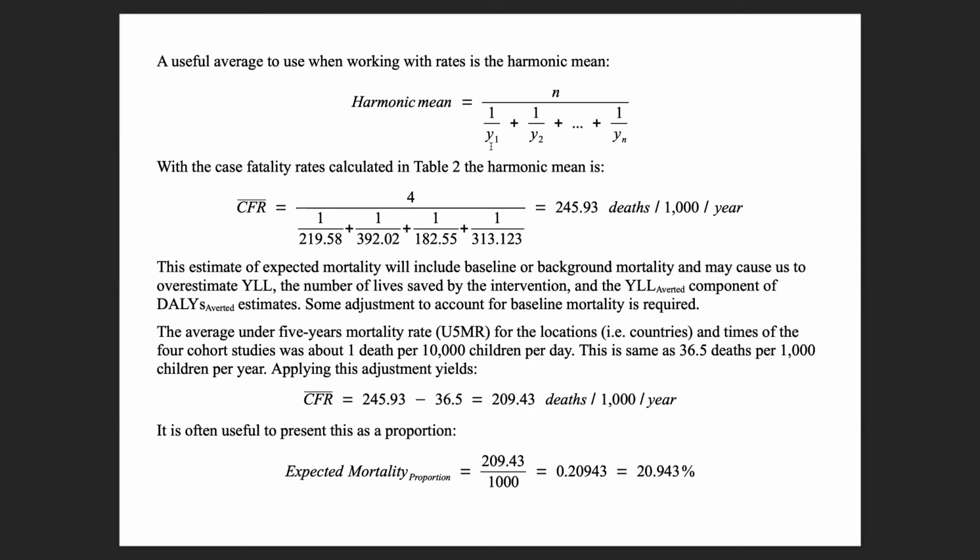And so if we apply this adjustment, our 245.93 deaths per 1,000 a year, adjusted with 36.5 for the background mortality, becomes 209.43 deaths per 1,000 per year. And we present that as a proportion. So if we divide the 209.43 by 1,000, we get 0.20943, which is the same as 20.94%.